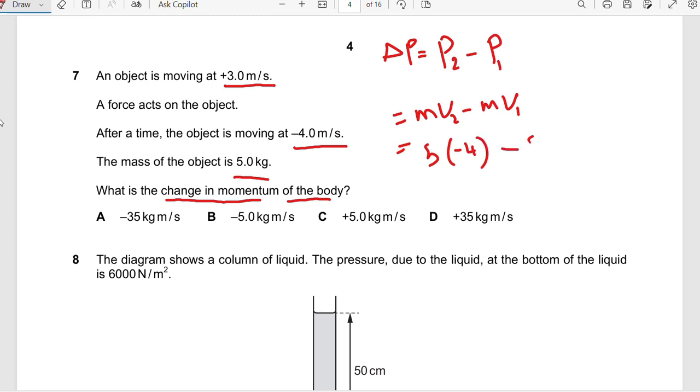Minus 5 multiplied by, how much is the first one? Yeah, it's 3. So here it's going to be negative 20 minus 15, and the answer is negative 35 kilogram meter per second, and the answer is A. I hope it's clear.